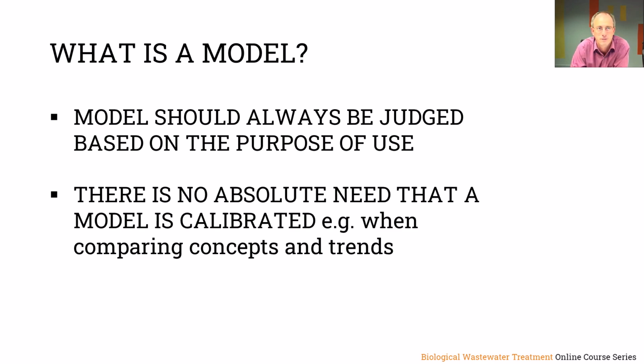But of course, if legislation says that every sample you take from the effluent should be below 1 milligram ammonia per liter, the accuracy of the parameters you put in the model should be much higher, because then you have to guarantee that you can predict this 1 milligram exactly. So again, the purpose of the model defines how accurate the parameters should be.